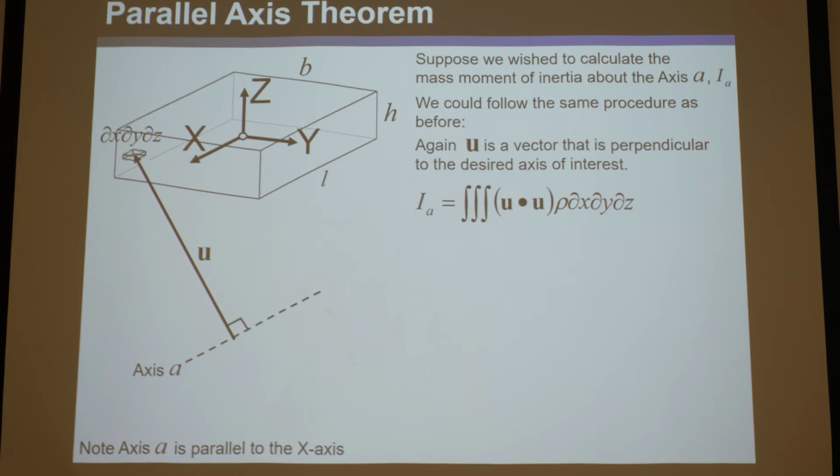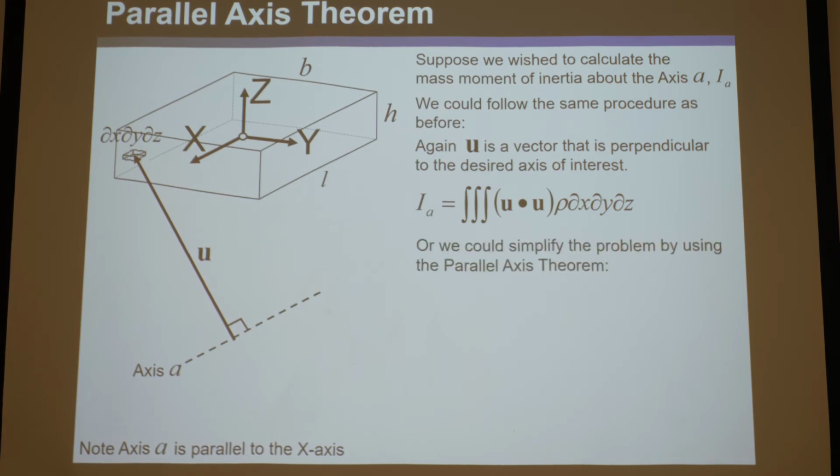You could do that, but it would be a lot of work and kind of a pain. You would find that you can more simply just use the parallel axis theorem.